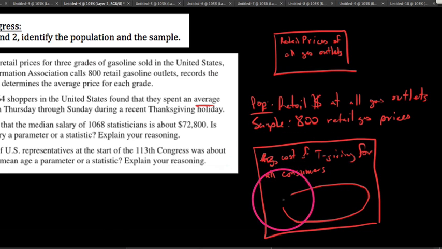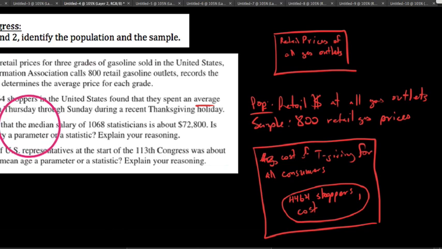And then the subset here was these 4,464 shoppers from the entire population that we picked and got their data, the cost for those people. And so we could see that those are our population and sample there.